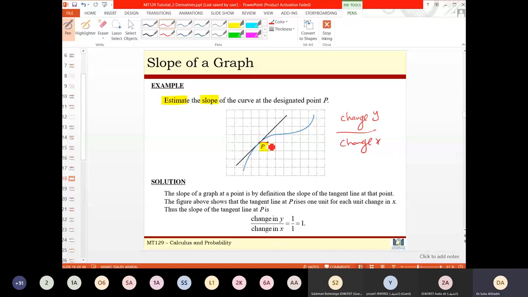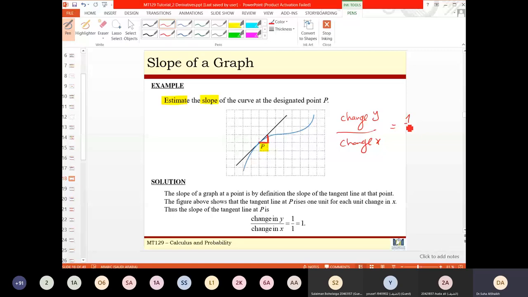For this line, this is how much x changes and this is how much y changes. As units, how many units is the change in y? Just one. And the change in x? Just one.